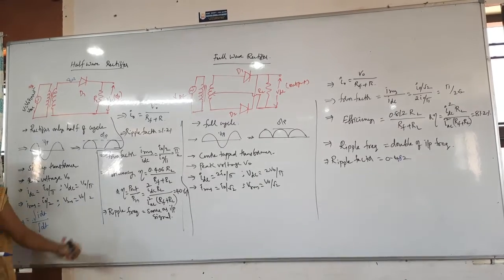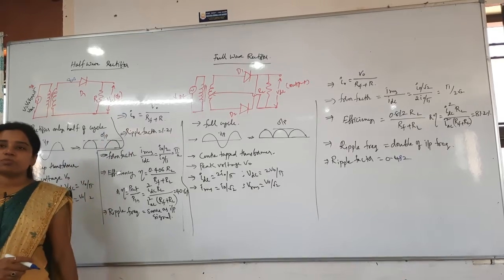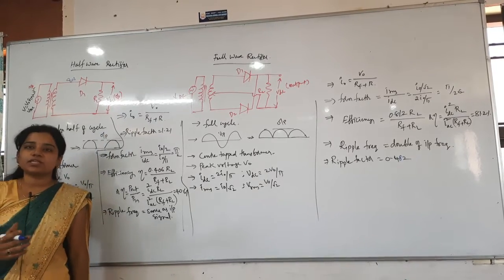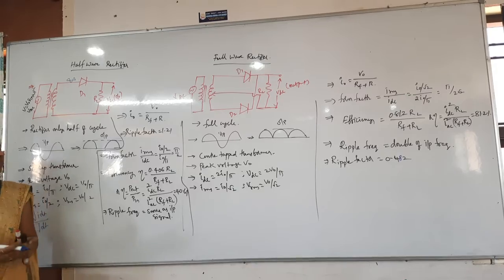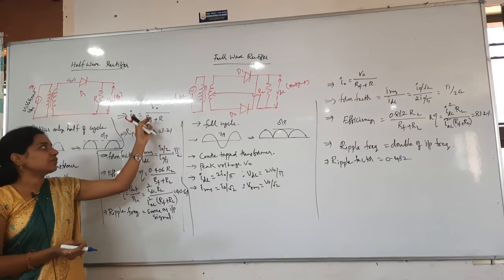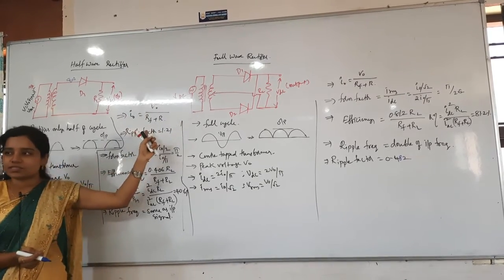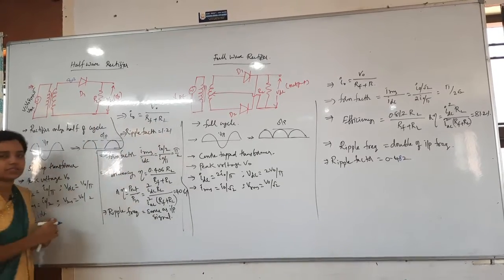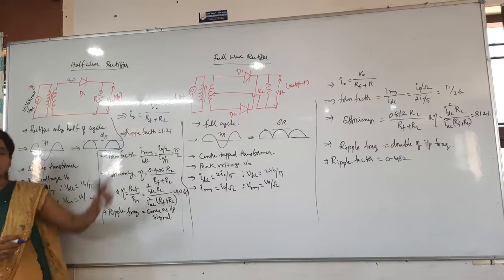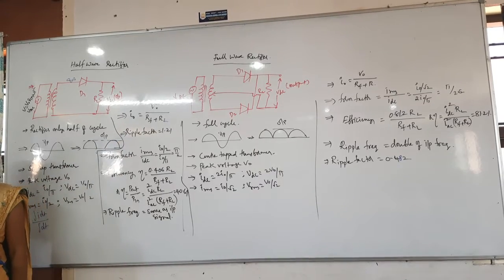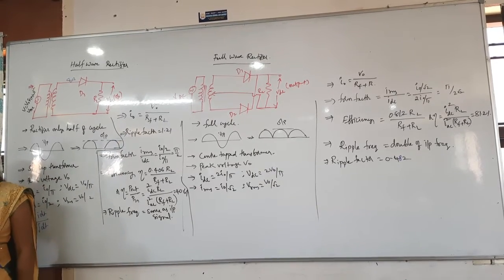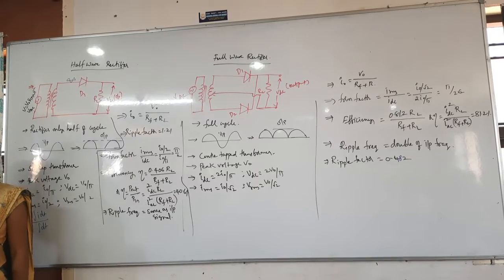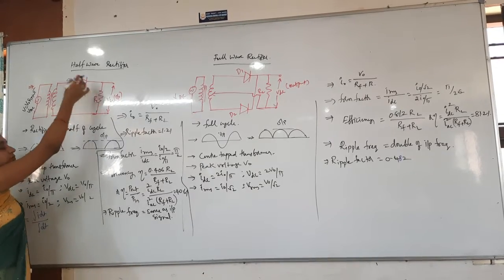Then next one is output voltage. The output or DC voltage is equal to the output current times the resistance. Here I have one load resistance, RL is the load resistance. Then what is the RF here? Forward resistance. Yesterday while teaching the problems I said you just remove the diode and keep a resistor here.